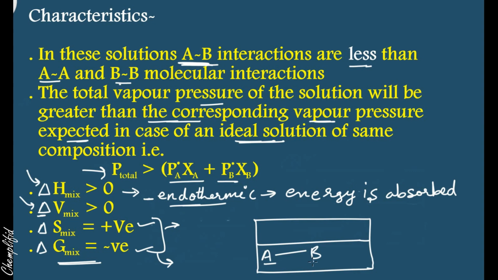Because of this less interaction, the volume of the solution increases, the volatile behavior of the solution increases, and if the solution is more volatile, it will provide more vapors from the solution at a constant temperature. That's why total pressure is greater than the pressure calculated by Raoult's law. That's why this solution is a non-ideal solution, right?